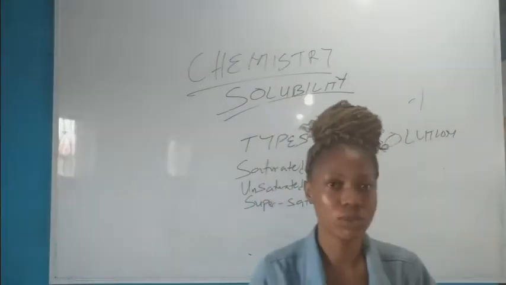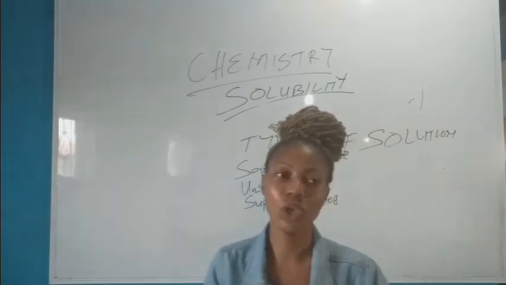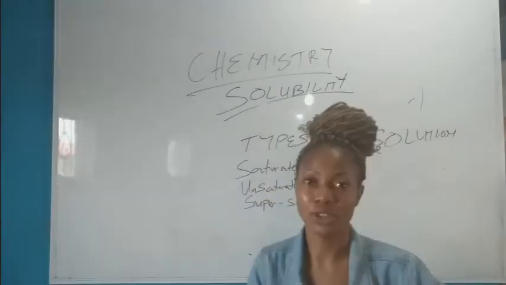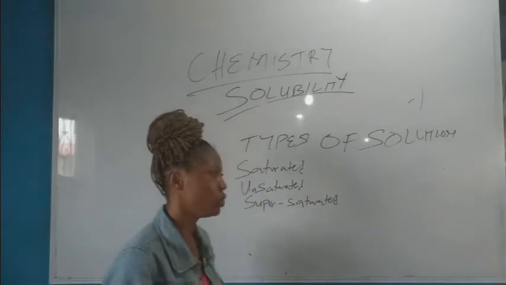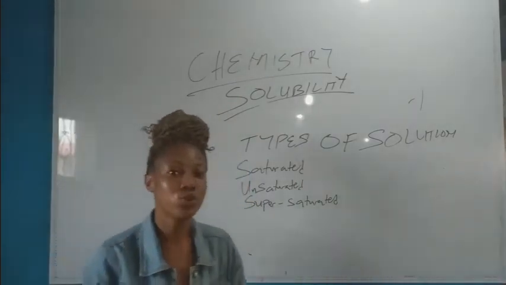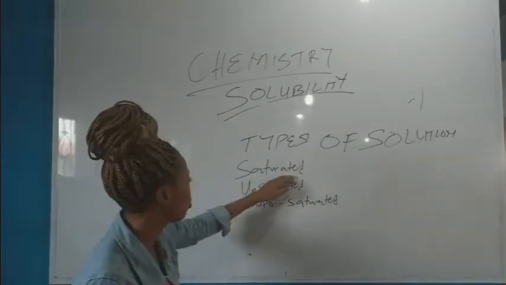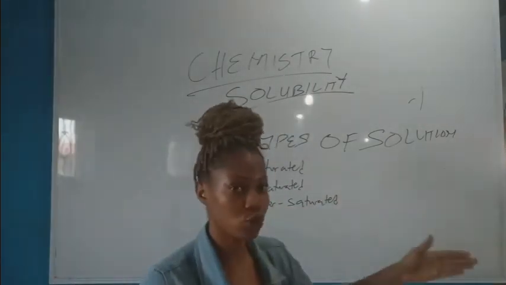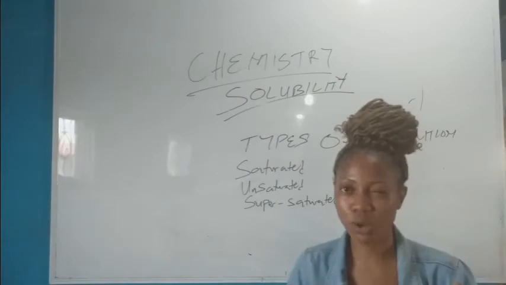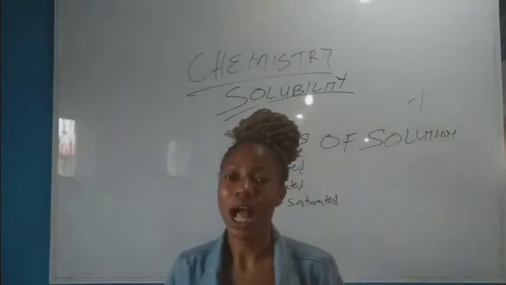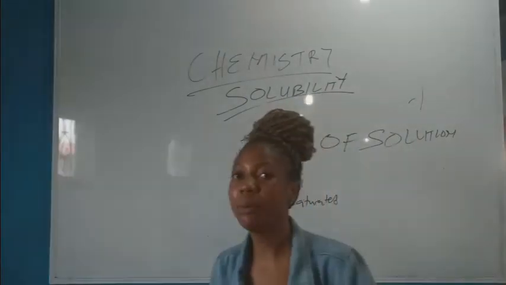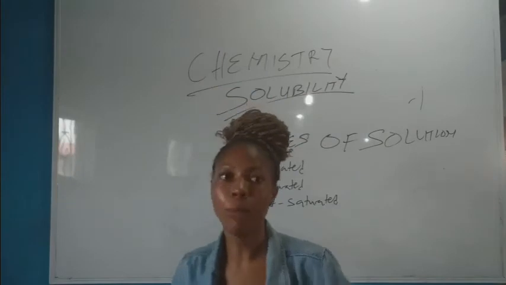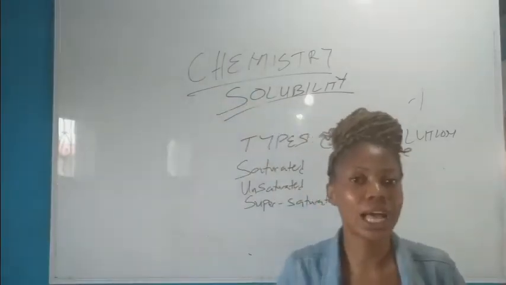Something that is filled, something that is no longer hungry. When you finish eating, you say, wow, I'm saturated. That means you are no longer hungry, so nothing can come into you again. That is the example of a saturated solution, whereby the solvent has dissolved as much solute as it can at that temperature. There might still be undissolved solute, but the solvent has done all it can at that temperature.